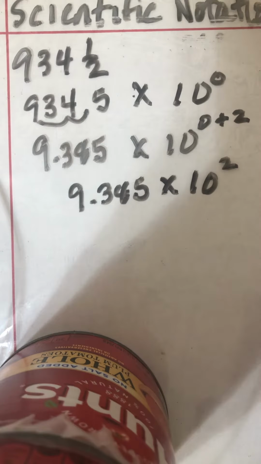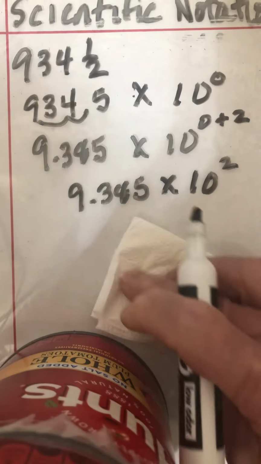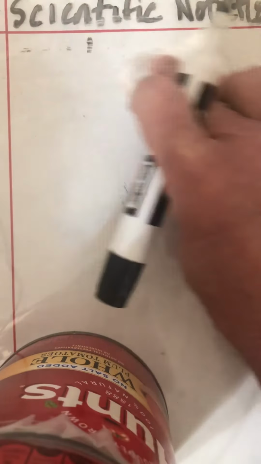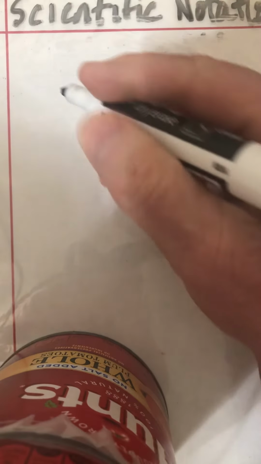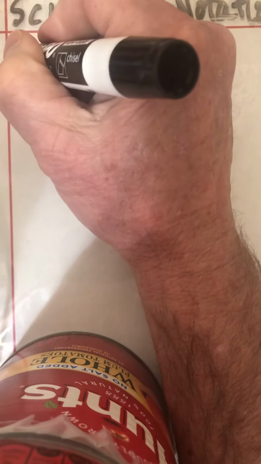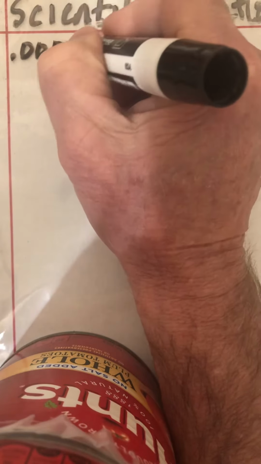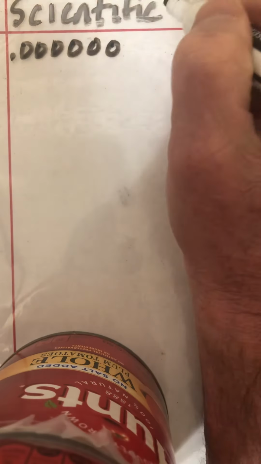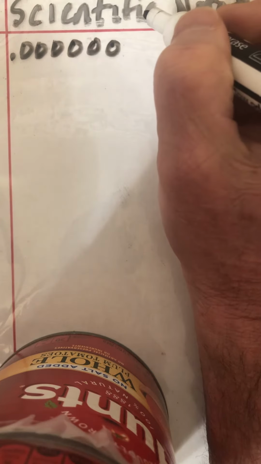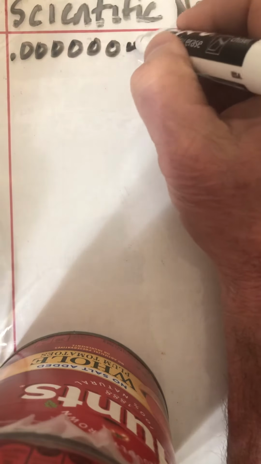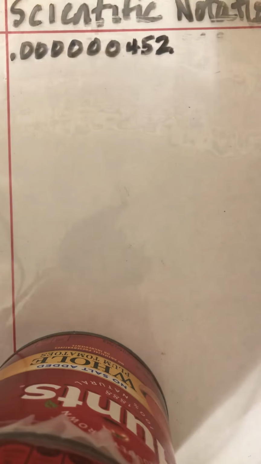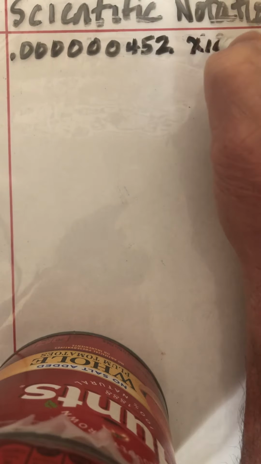Right? The next one is a very long decimal. All right, so I'm going to try to write it out. And it is 0.00000, there's 6 zeros in there, and then there's a 452. Again, that would be times 10 to the 0.